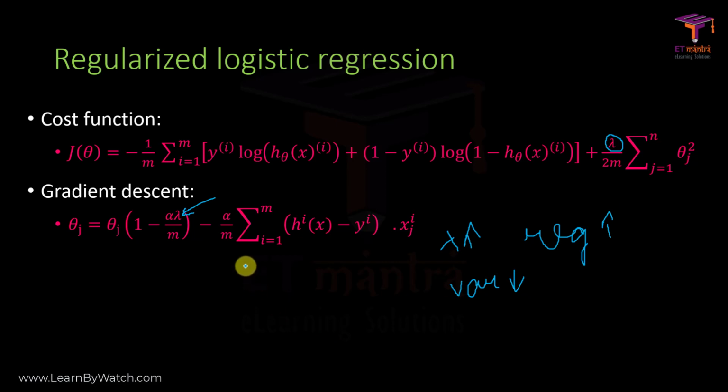So instead of getting a decision boundary something like this, we would get a decision boundary like this. So this helps in the problem of overfitting. So we have looked at how we can apply regularization to logistic and linear regression, and how we can overcome the problem of overfitting.